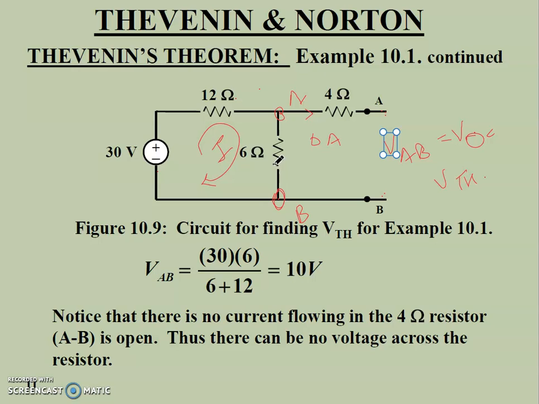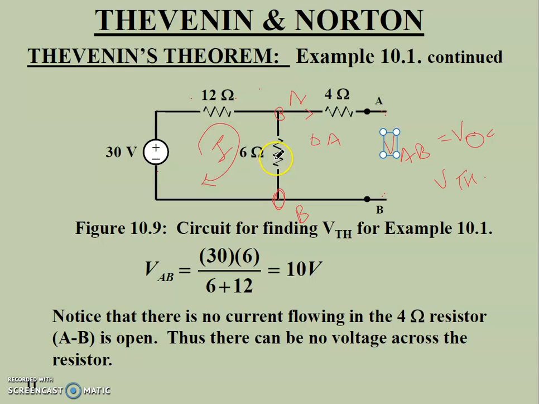Either you can apply the voltage division rule here. If you want to estimate the voltage across these two points, consider this one as R1 and this one as R2.